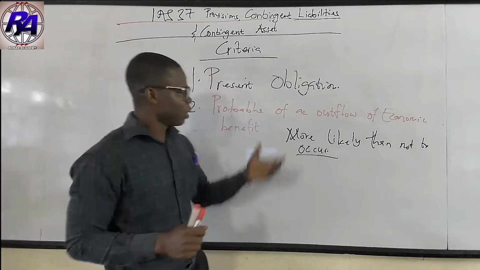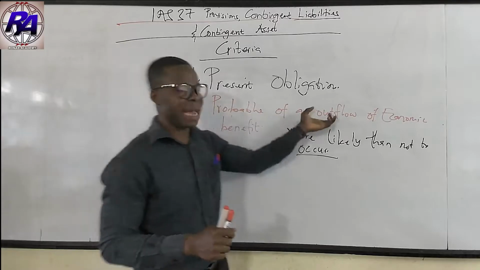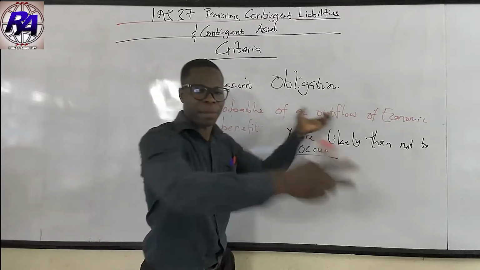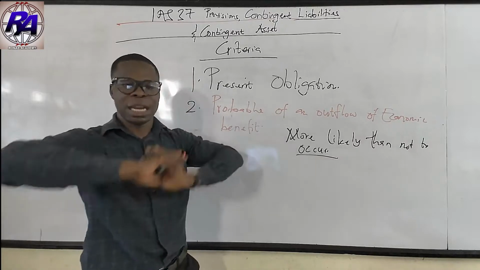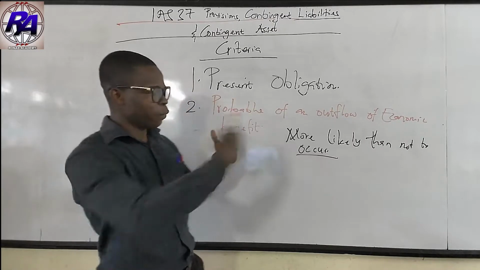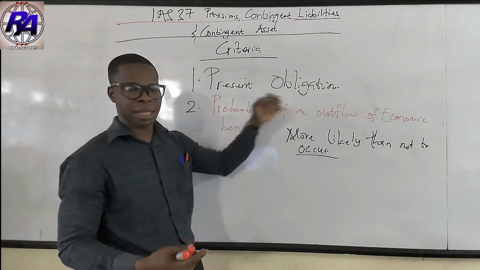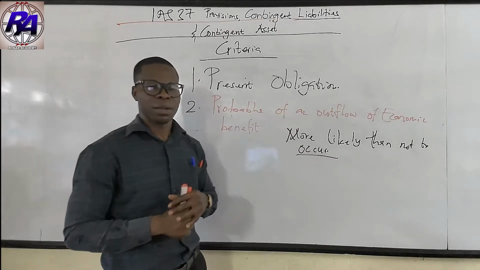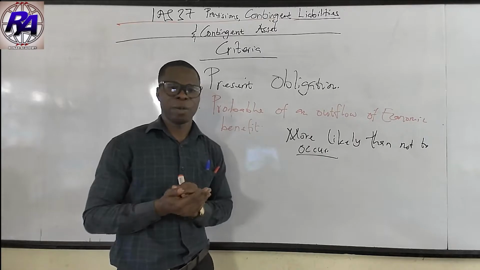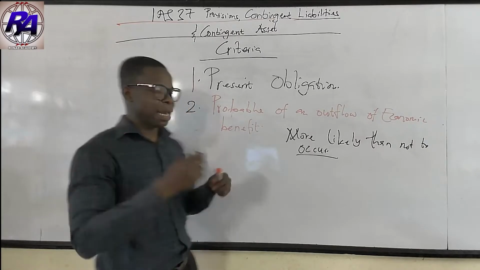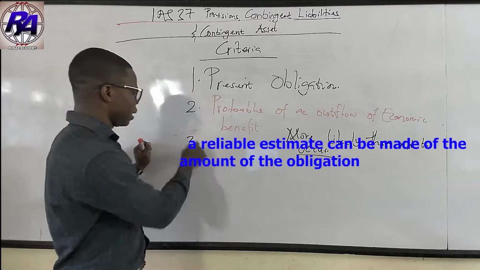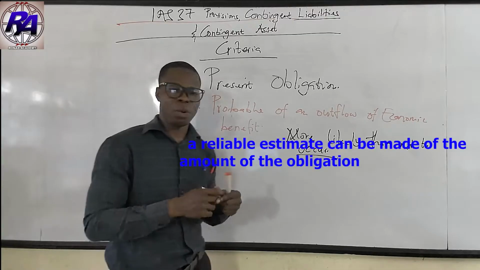So remember that when it's not 50% and above probable that there will be an outflow of economic benefit, then we cannot recognize a provision, but you have to recognize another form of liability, which is a contingent liability.